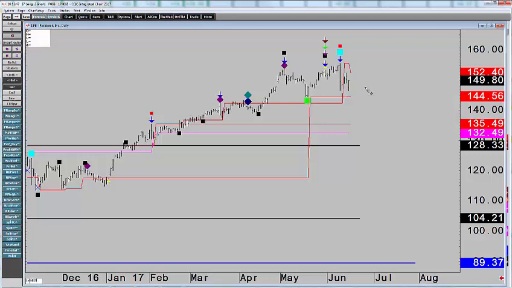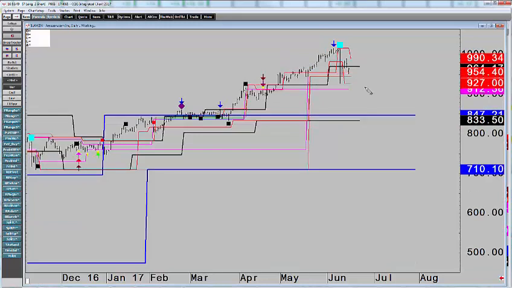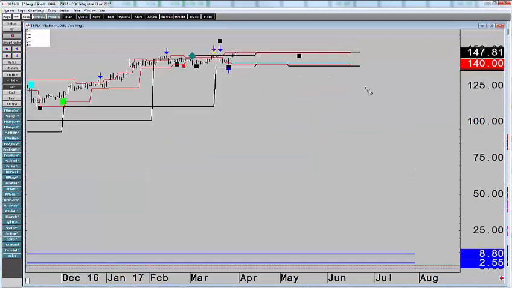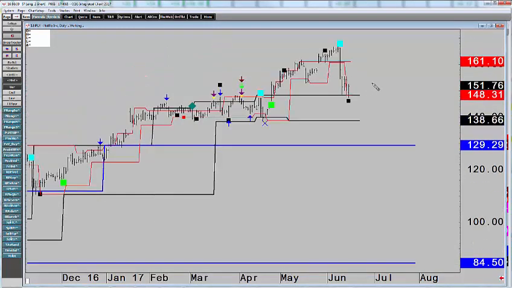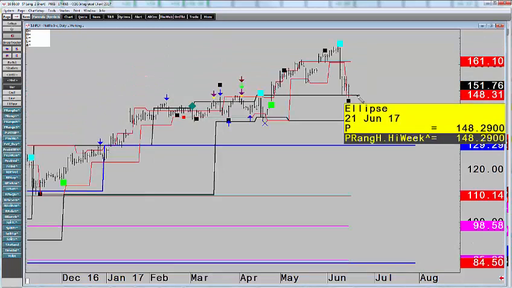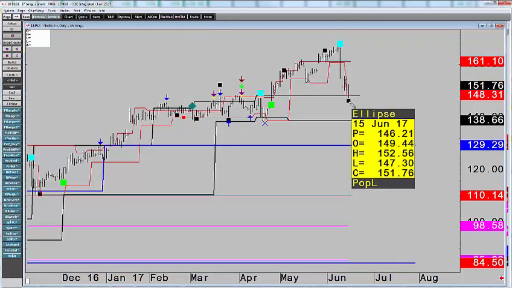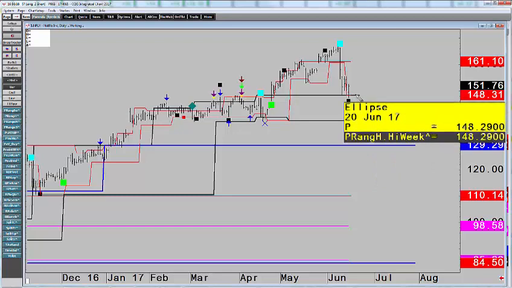Amazon. Pretty nondescript. Just got that 927 level below, really. That's the major reference. Netflix initially held the level, then went through it briefly, and closed back up, and it's actually given us a time continuation buy.